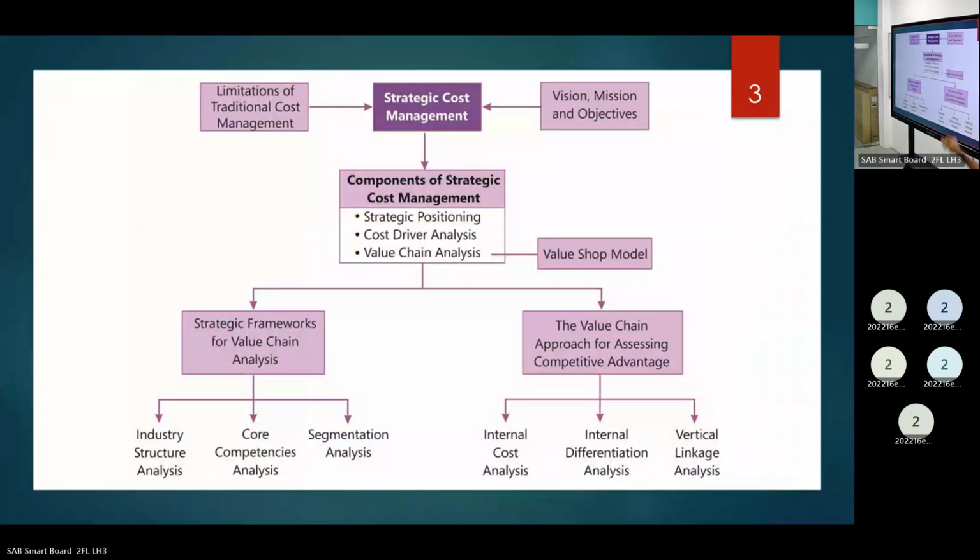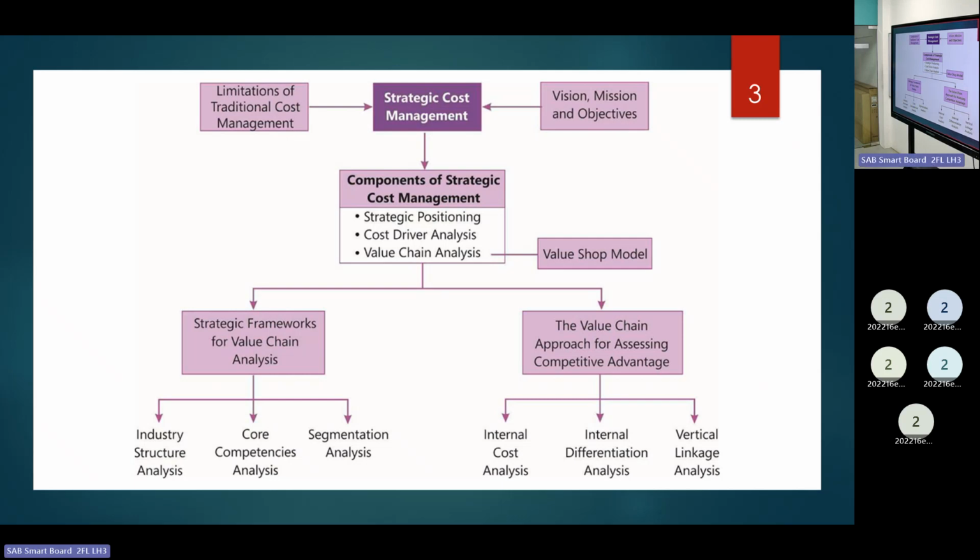Here you see that the value chain analysis, strategic framework for value chain analysis, and value chain approaches for assessing competitive advantage, is divided into two parts.